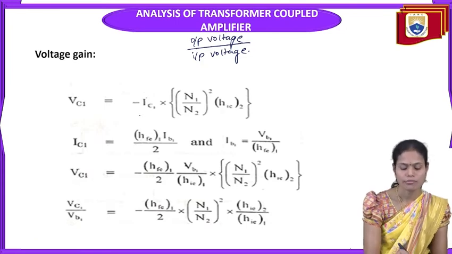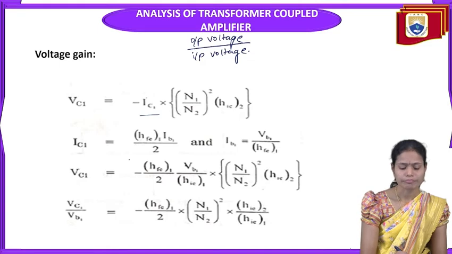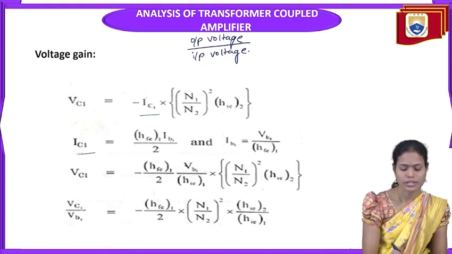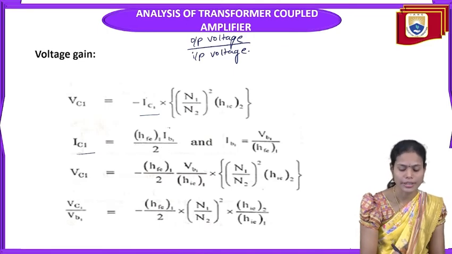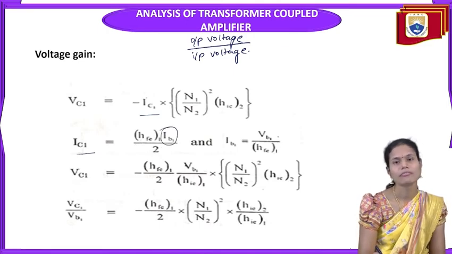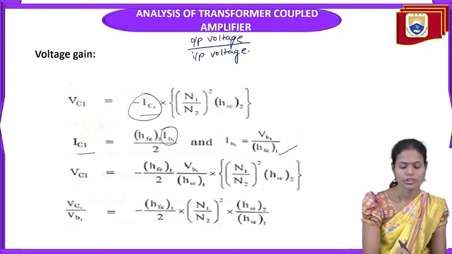So we are taking it as minus IC1 into K square, which is (N1 by N2) whole square into hie2. From the circuit, IC1 is hfe1 IB1 divided by 2, and IB1 is VB1 by hie1. So if you substitute this IC1 value in the first equation, what do we get?